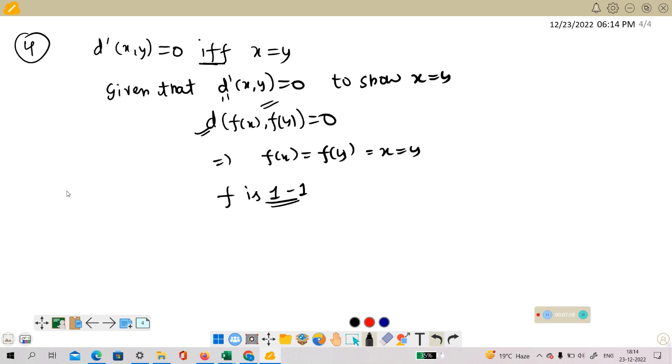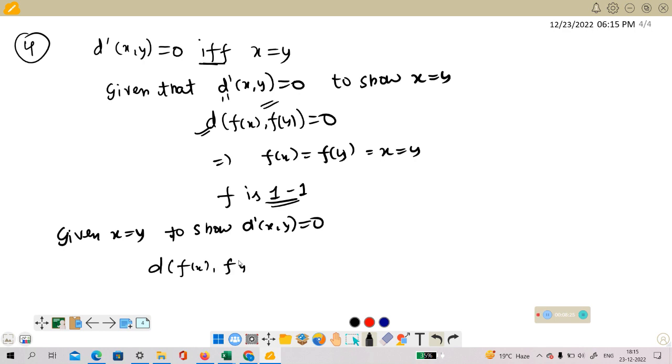Now we prove the other way. We are given that x is equal to y, and we show d'(x, y) is equal to 0. Again, we put the definition of d'(x, y), so we need to show d(f(x), f(y)) is equal to 0. Now as x is equal to y, this implies f(x) is equal to f(y).